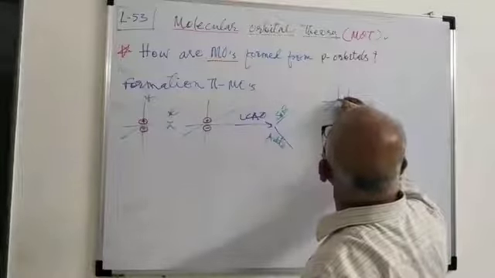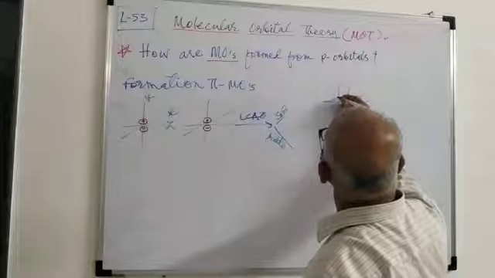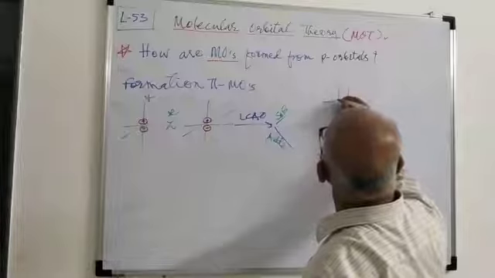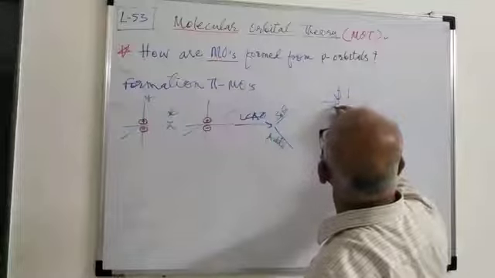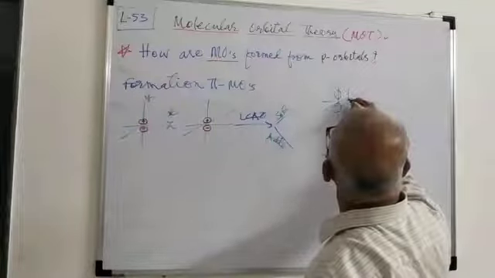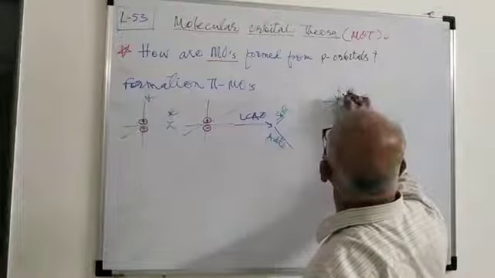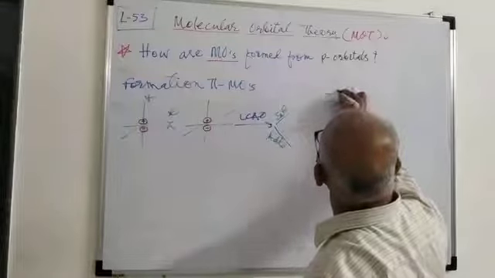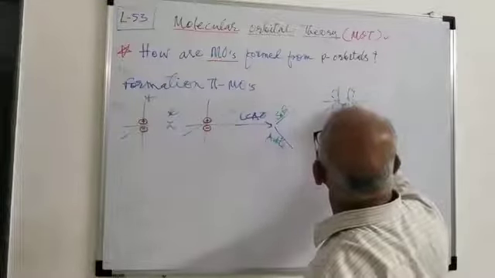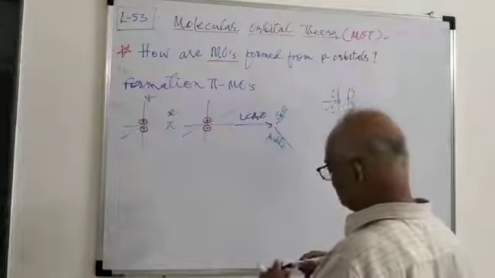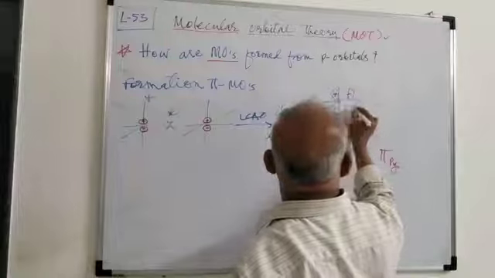So here you will have the molecular orbitals like this, and the signs of wave functions are plus, minus, minus and plus.